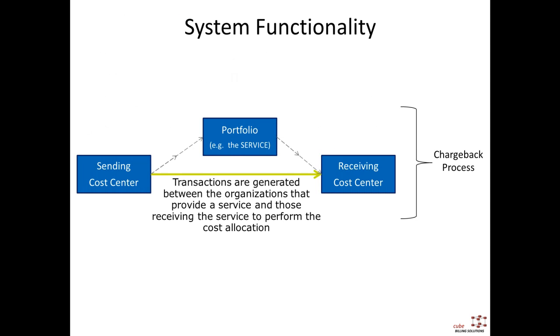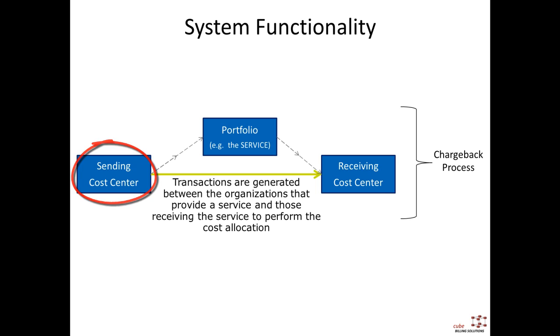So the system functionality within Q Billing. Q Billing is a software as a service application. It's always online, it's always available, and at its core consists of three primary drivers. You have organizations that provide a service, which in this diagram is depicted as a sending cost center.